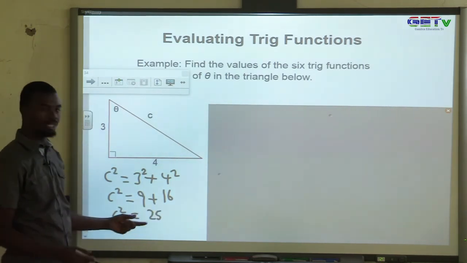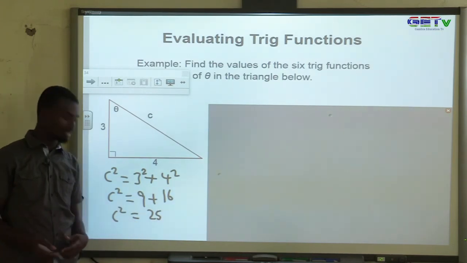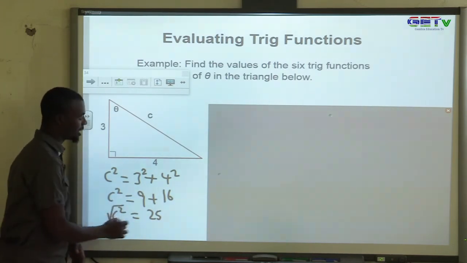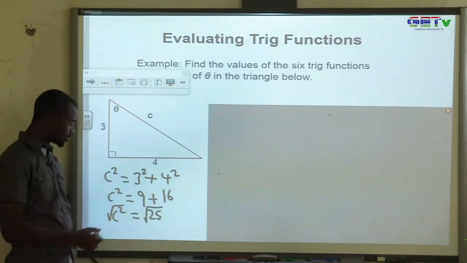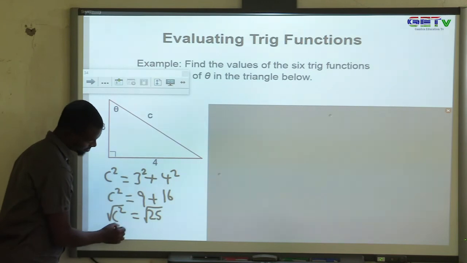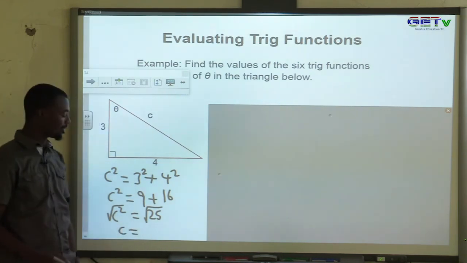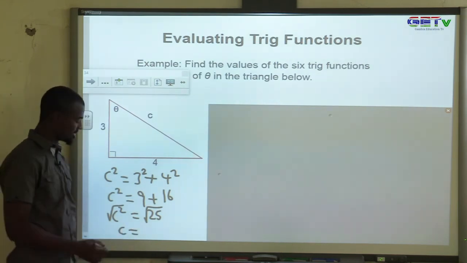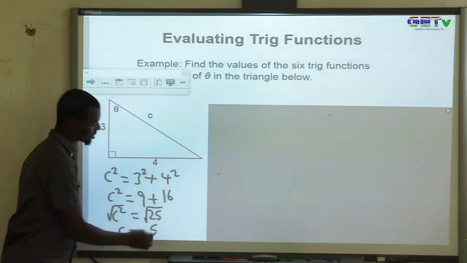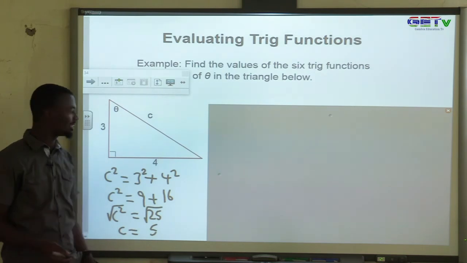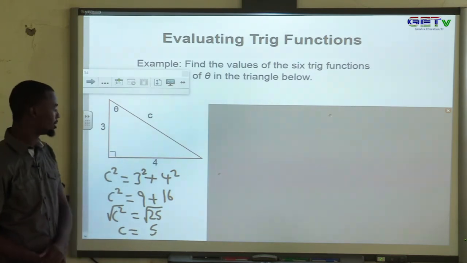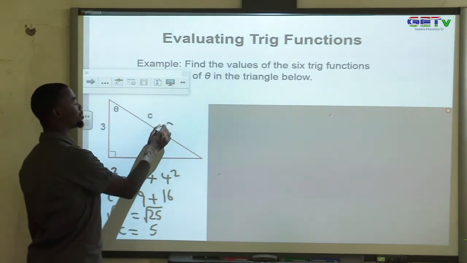So to find C, we square root both sides. We take the square root of C square and the square root of 25. The square root of C square is C, and the square root of 25 is 5. So we have our C as 5. That is the hypotenuse. We have 5 on the hypotenuse.